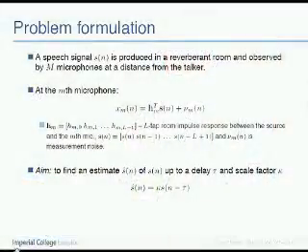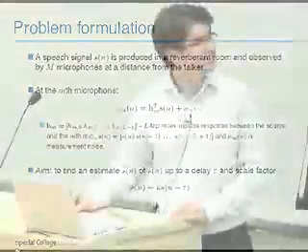So this is, I guess, familiar to many of you who worked with this. You have a speech signal s(n) produced in a reverberant room, and often you model the room acoustics as an FIR filter, and the observed signal is a convolution between this FIR filter of the room impulse response and the speech signal plus some additive noise.